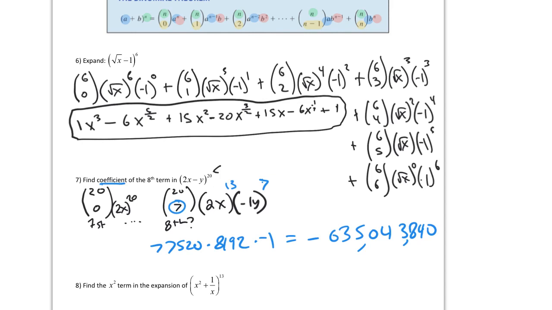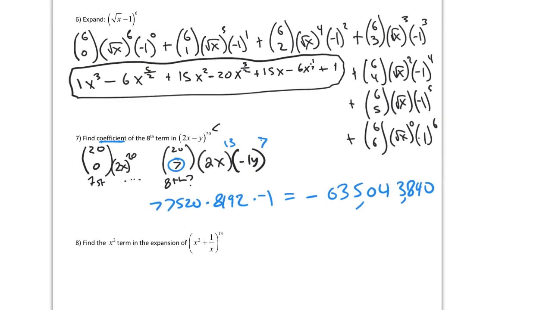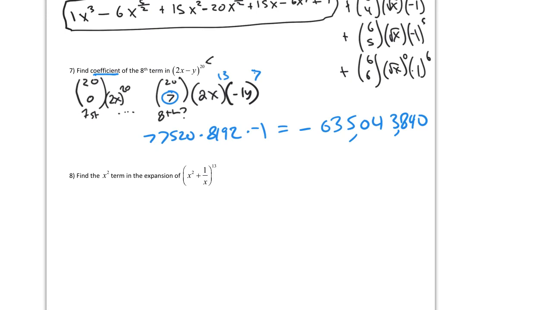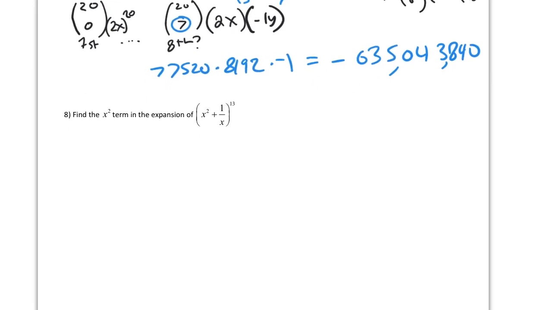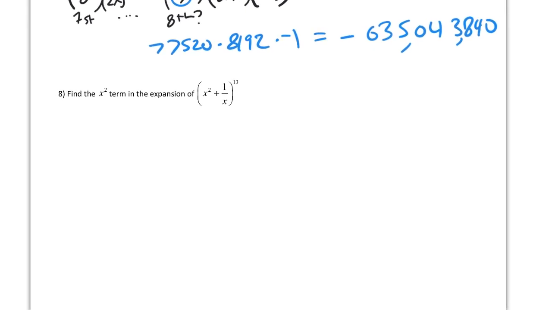Now, a question I'm more likely to ask, rather than saying like the 8th term or the 30th term or the 14th term, I'll say find the x squared term in the expansion of (x^2 + 1/x)^13. So to do this type of problem, I like to give myself the template for a term.